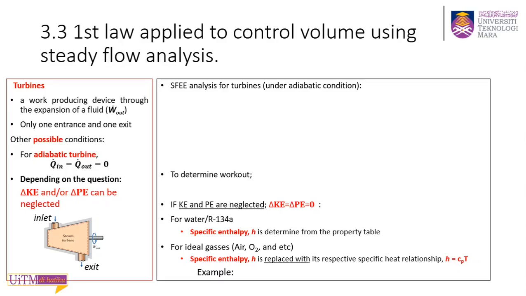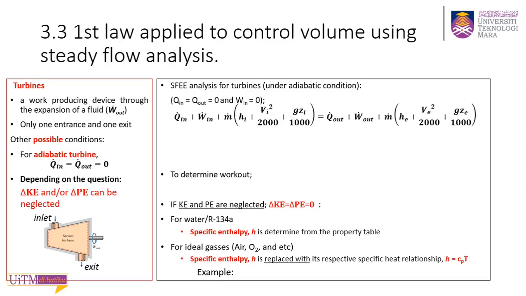Now, let's look at an example on how to use the SFEE for a turbine. For this example, we will consider an adiabatic turbine. Remember to write the conditions from the question before applying the SFEE. Start with writing the general SFEE first, and then cancel the terms based on the conditions.